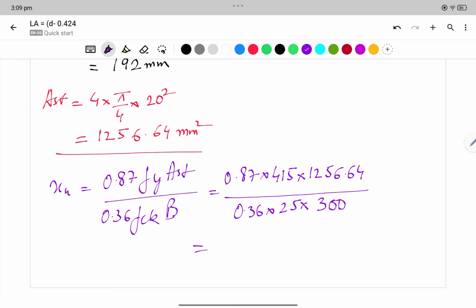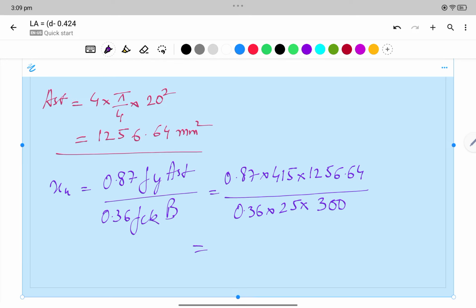We will calculate it. The value is coming as 167.11.